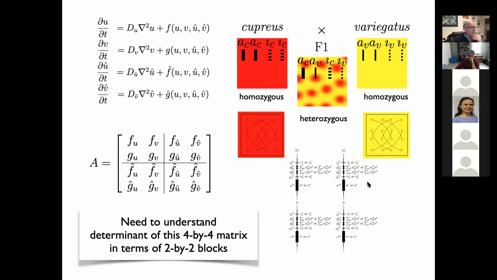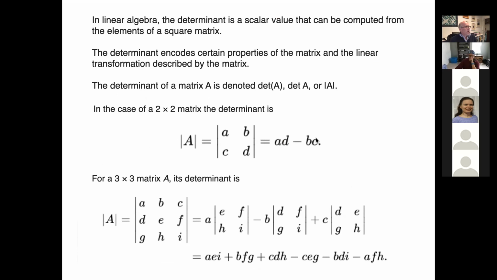So the first thing to say is what a determinant is: a scalar value that can be computed from the elements of a square matrix, and that determinant gives you a lot of information about properties of the matrix and properties of the linear transformation that a particular matrix describes. Various times you'll see people call this determinant det A, or they'll use absolute value signs around a capital letter for a matrix to indicate the determinant.